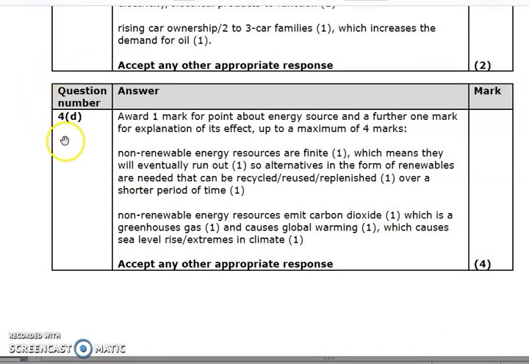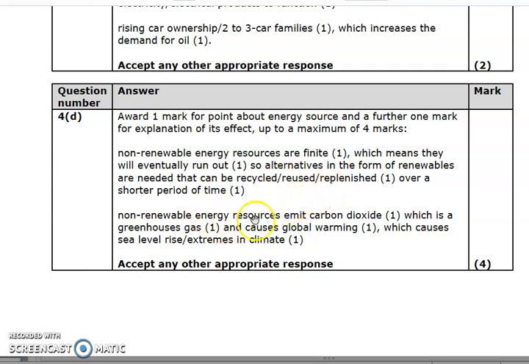So you've had a go at that 4 marker, and it is award 1 mark for each point about the energy source and a further mark for its explanation of its effects. So we could see some examples here. It may be that they run out, which means that there won't be enough of them, so we need to use recycled, reusable energy, so we've got things left for the future.